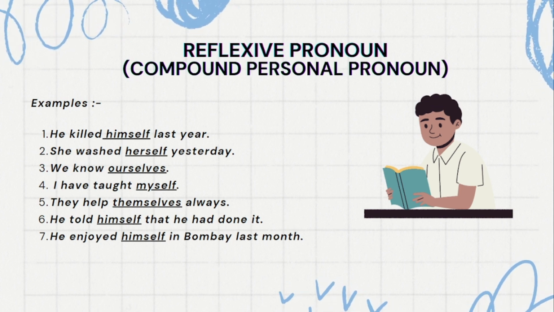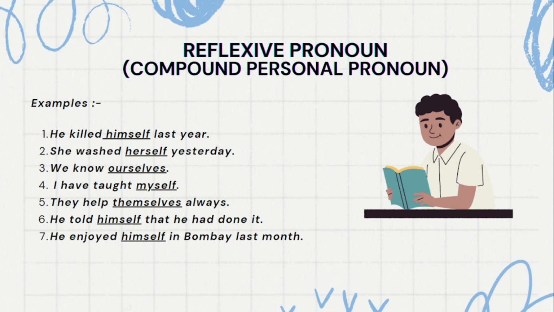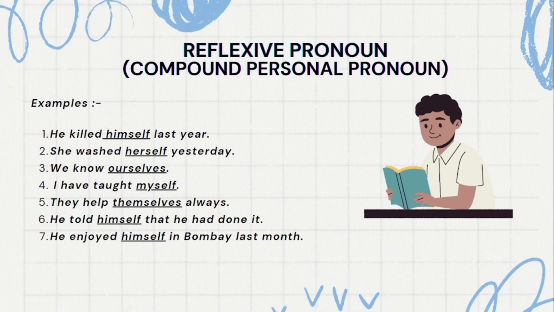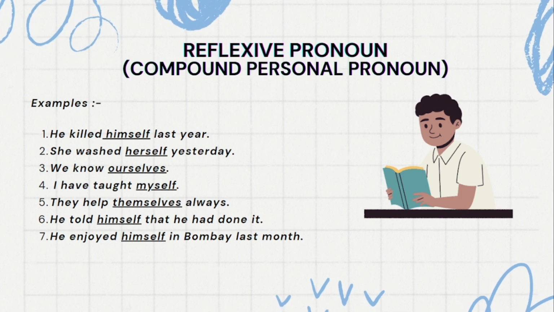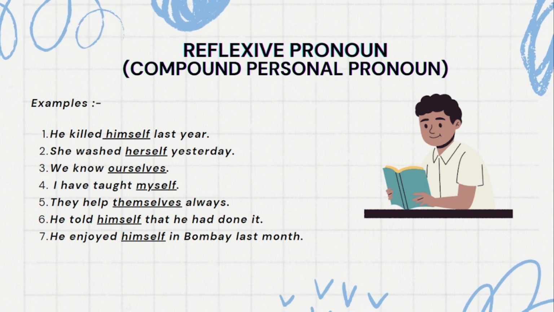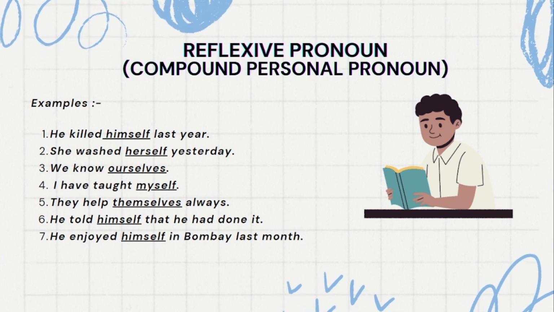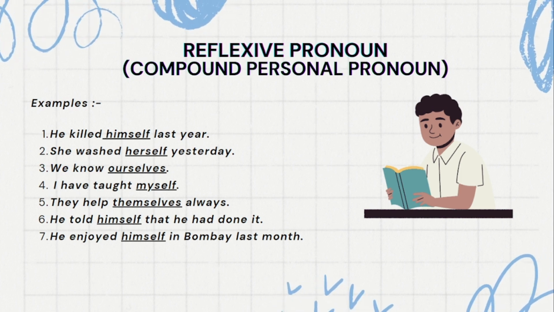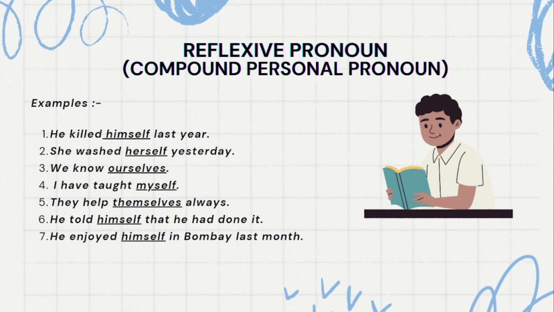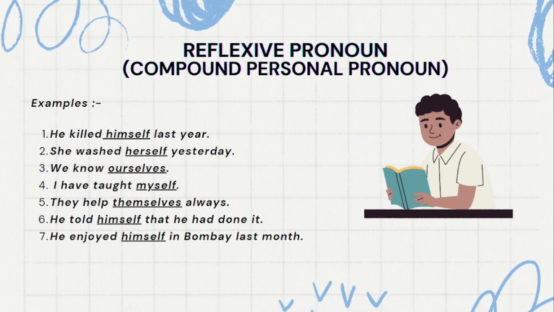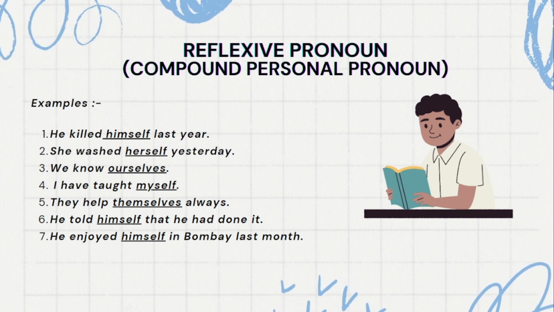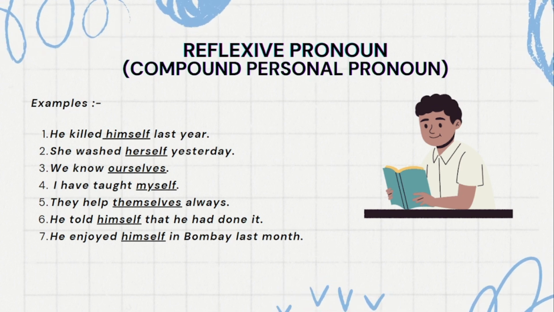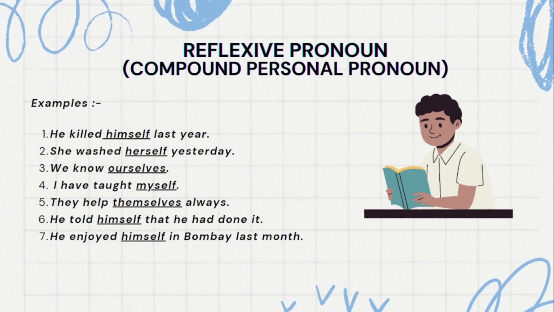What is the reflexive pronoun of we? Ourselves. It is written in the place of object. In the fourth example, I is the subject. What is the reflexive pronoun of I? Myself. Myself is written in the place of object. In the fifth example, subject is they. What is the reflexive pronoun of they? Themselves. Themselves is written in the place of object.